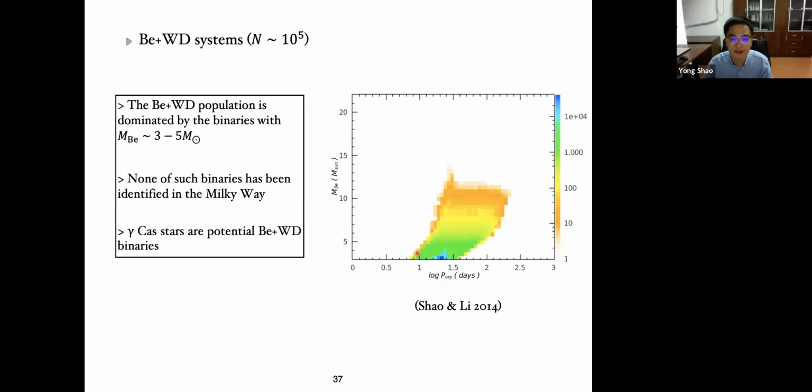We can find that this population is dominated by the binaries with low mass B stars in this region. And until now, none of such binaries has been identified in the Milky Way. And, of course, it is possible that gamma Cas stars are B plus white dwarf binaries.